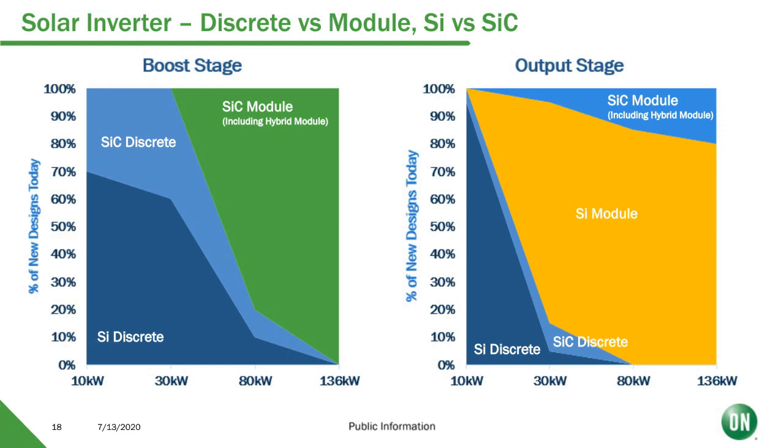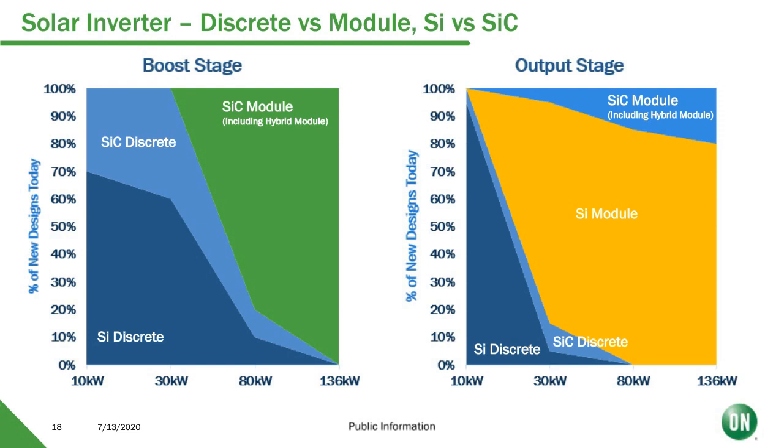You start to see silicon carbide discrete becoming more popular in this, and we see this trend continuing, using silicon carbide discrete devices in the low power range of a boost stage. But as you move to the higher power range, ranging from 80 to 136 kilowatts and even higher, the adoption of silicon carbide modules, including hybrid and full silicon carbide modules, is becoming a major player here and dominating most of the new designs that we see occurring today.